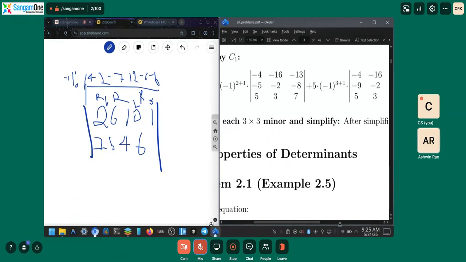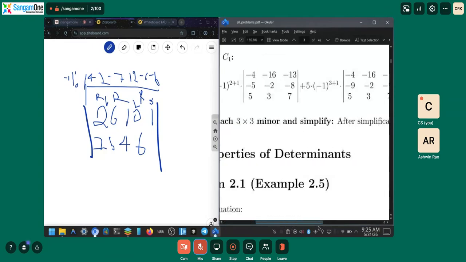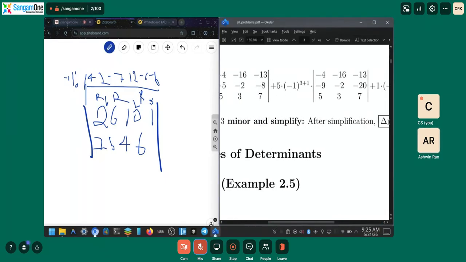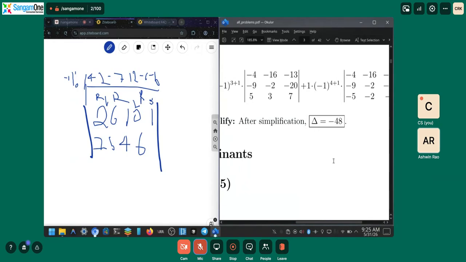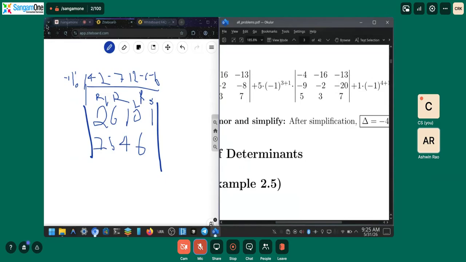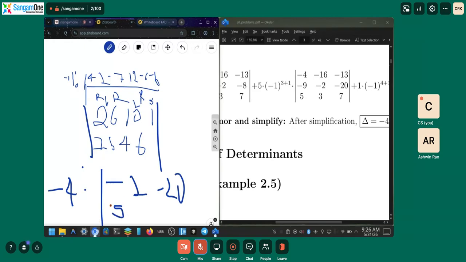After that, we will get this transformation. When solving this determinant simplification, we get minus 48. Basically, if you consider this matrix, you will get minus 4 into minus 2, minus 20, 5, no 3, and 7.